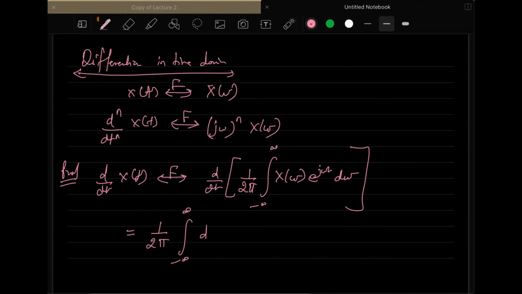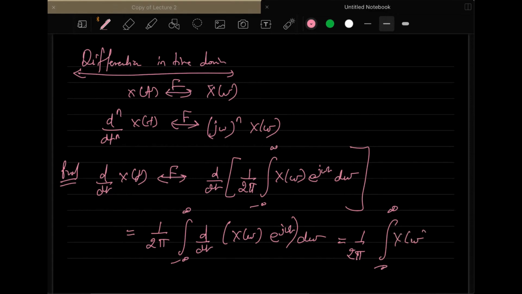You can bring the derivative inside, and when you bring this inside, you are actually taking the derivative here, and this will give you 1 over 2 pi, integral from minus infinity to infinity of X of omega, then j omega e to the power j omega t d omega.